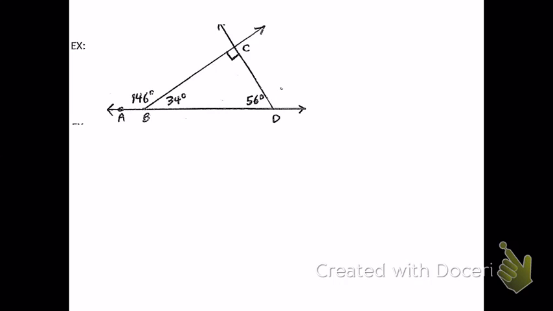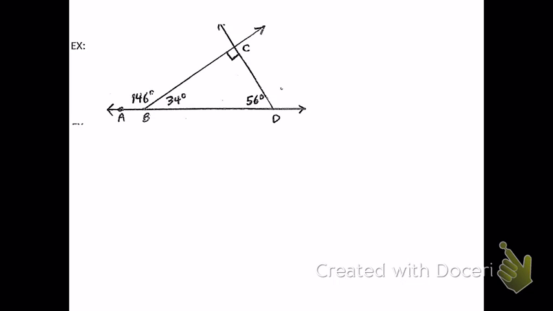Okay, so in this drawing, give me the names of 2 adjacent angles here. Yeah. Angle DCB and angle BDC. DCB and what? BDC. I can't hear you.